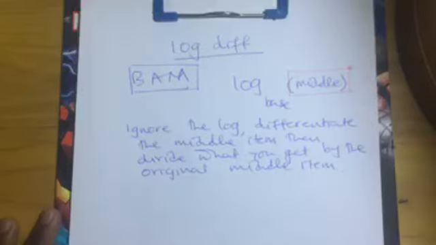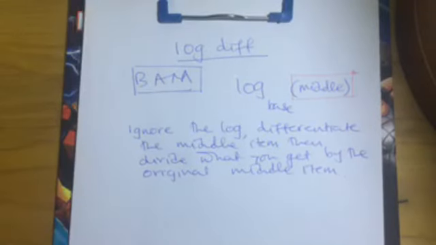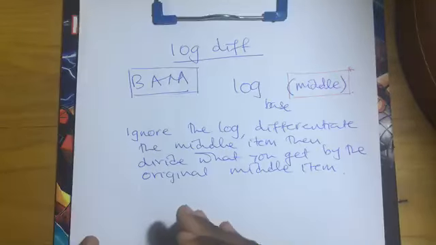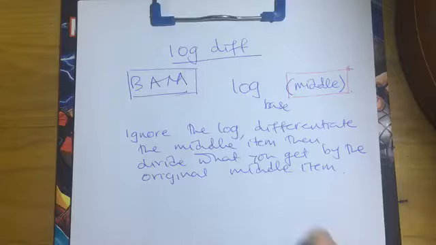Okay, excellent. So ignore the log, differentiate the middle item, then divide what you get by the original middle item.